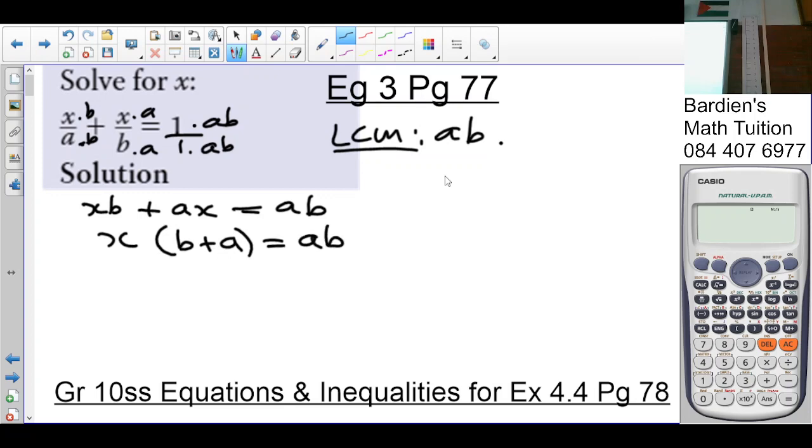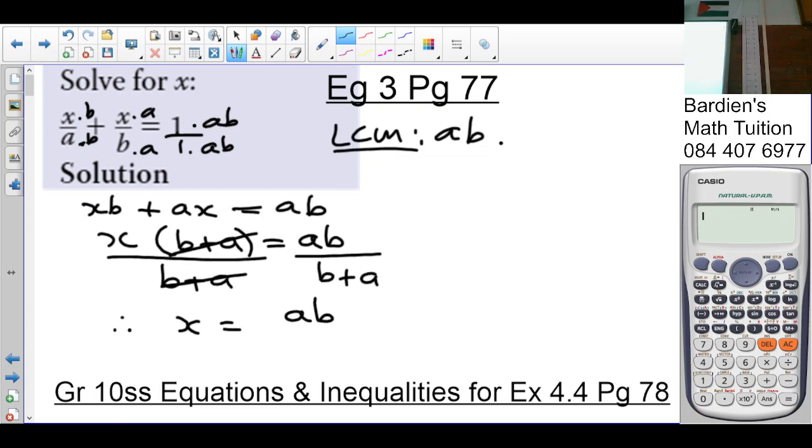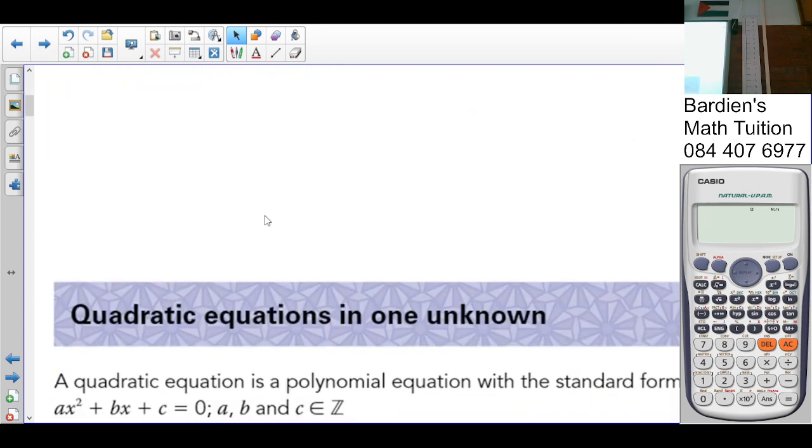Now what do we do? Divide by A plus B, or B plus A, both sides. That cancels. So therefore, X is equal to AB over B plus A, or A plus B. Simple, huh? Can't believe it's so easy.